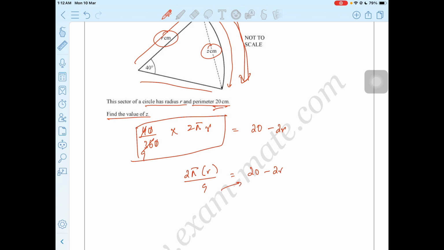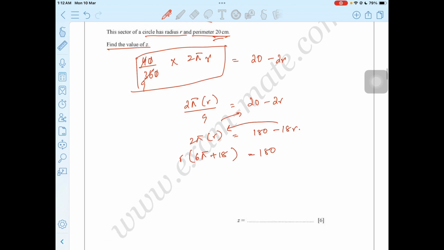So this would be multiplied. So 2 pi r is equal to 180 minus 18r. So this 18r would go there. So this would be 6 pi plus 18, and then 180.